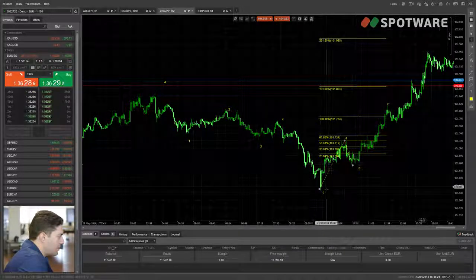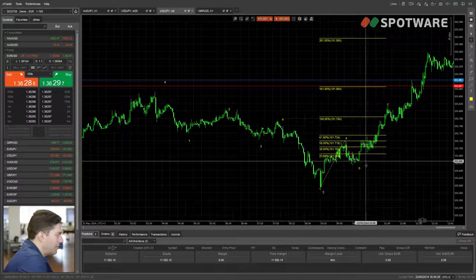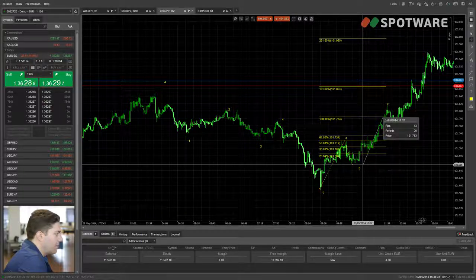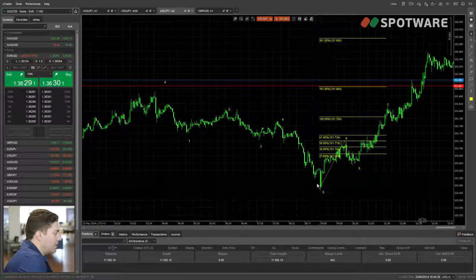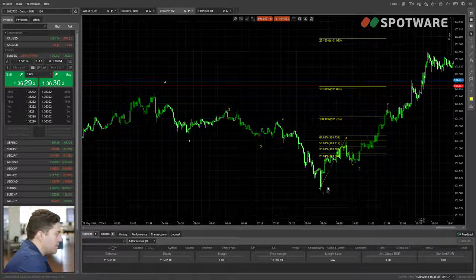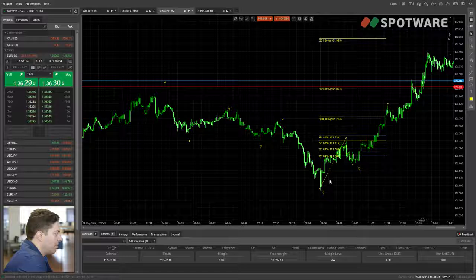What this target says is it's actually giving us the same number of pips from 5 to A, 13 pips, as a target. So again, 13 pips. Because like we said before, usually in most cases, wave C is exactly the same length as wave 5 to A. B to C is the same as 5 to A. So we're going to hit our target here. It goes almost exactly the 100%.